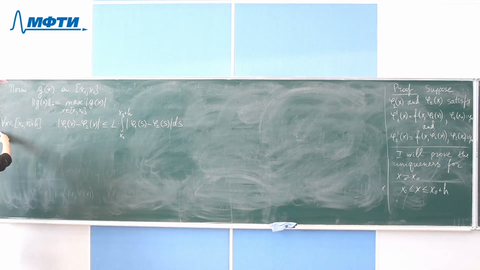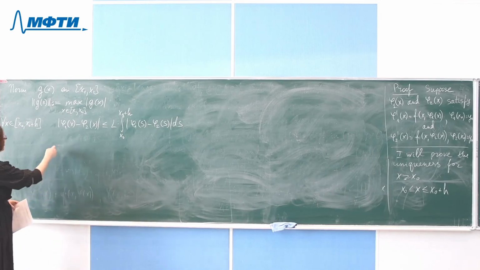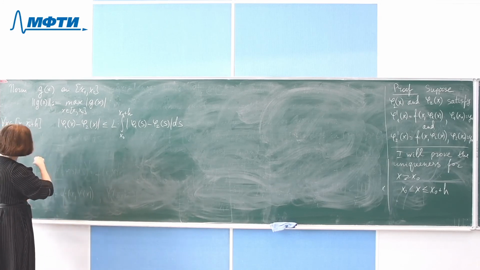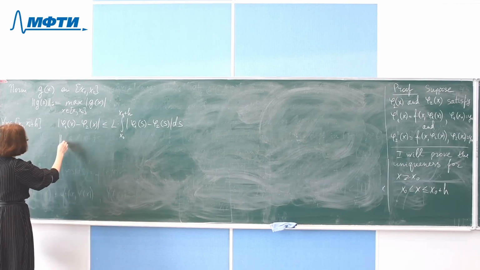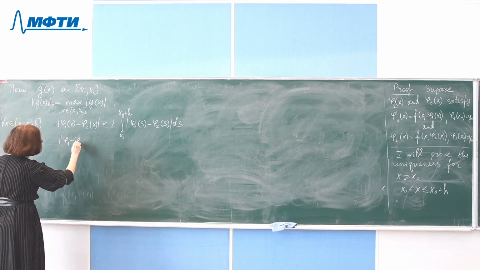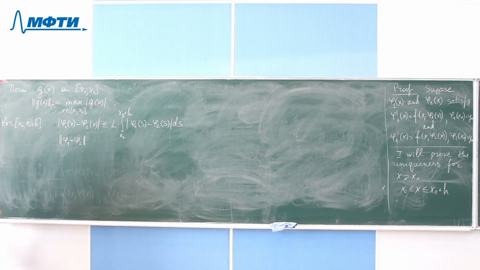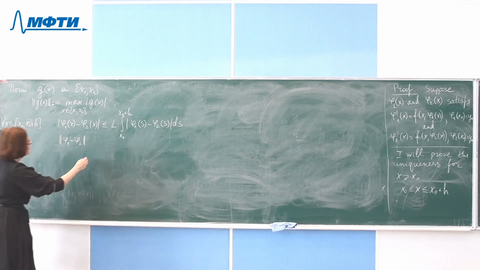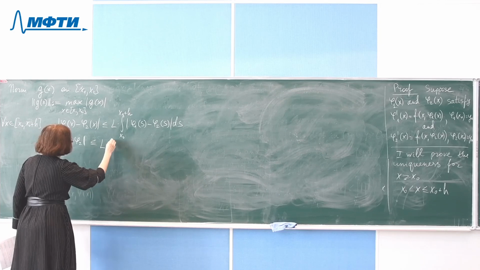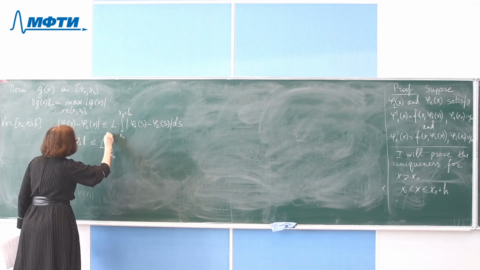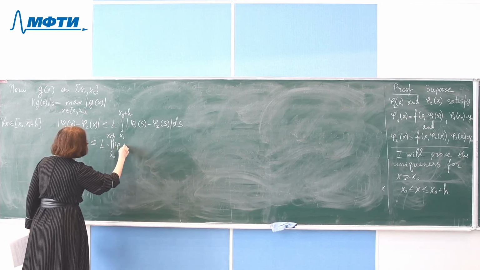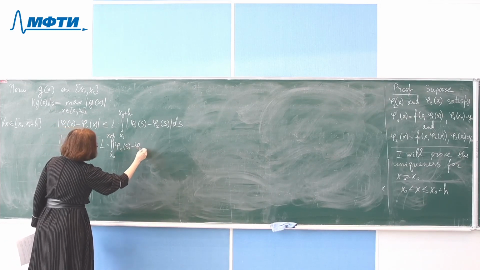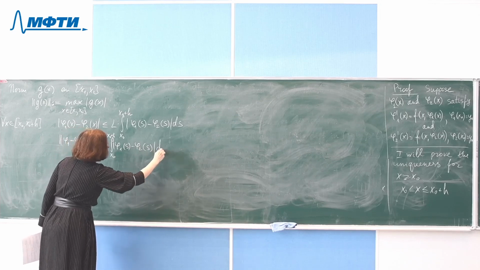Okay, since this is true for any x, it follows that the norm of phi1 minus phi2 on this segment is less than or equal to L times the integral from x0 to x0 plus h of the absolute value of phi1 of s minus phi2 of s ds.